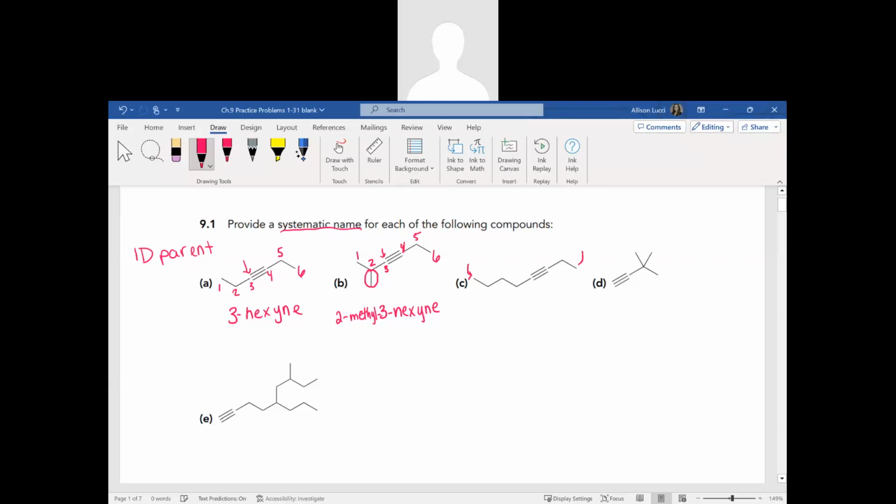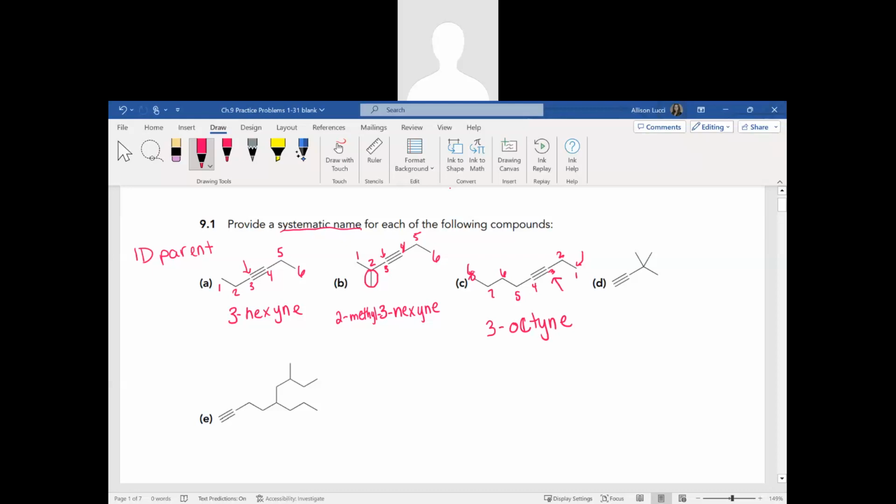So we're going to start numbering from this end here. So we have 1, 2, 3, 4, 5, 6, 7, 8 carbons in our parent chain. So this, as I mentioned, will be an octyne. And now our locant for our triple bond will make this a 3-octyne. And once again, there are no substituents, so this is it for this nomenclature.